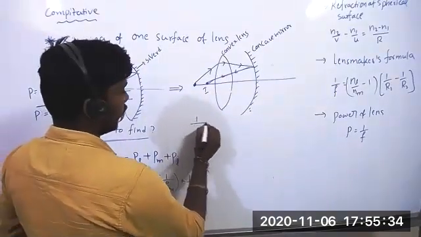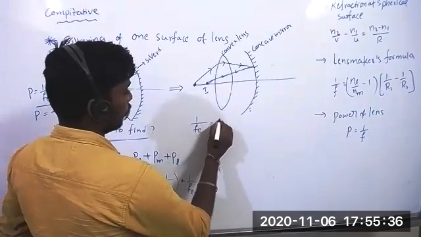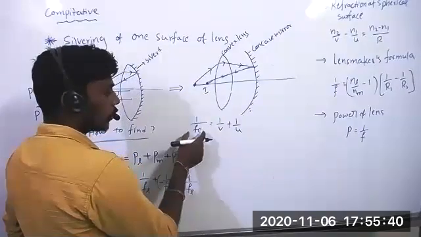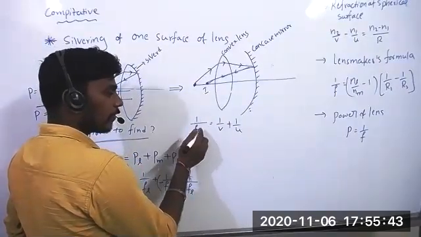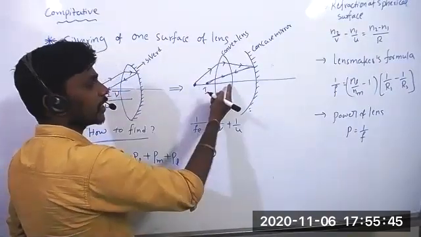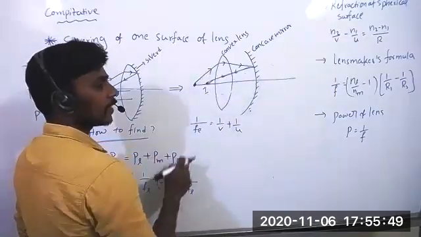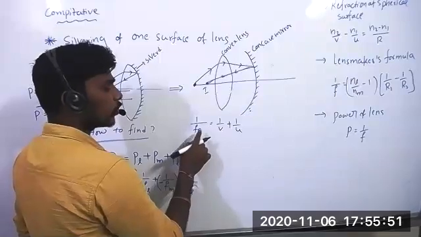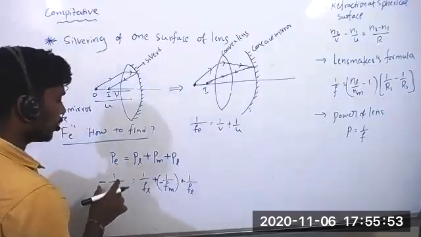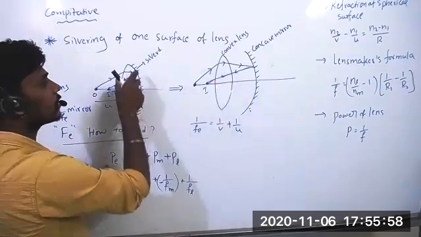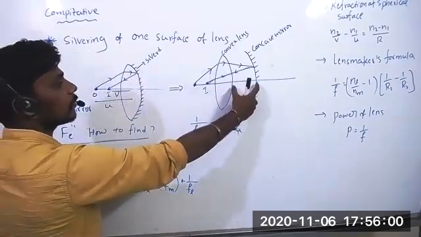Actually we have to find 1 by Fe equal to 1 by V minus 1 by U. Why do we have to find the equivalent focal length? Because here you are seeing not only one lens or one mirror, it is the combination of lens and mirror. So to find F equivalent, first we apply this, based on the diagram. Once they give the diagram, you have to draw it like this.